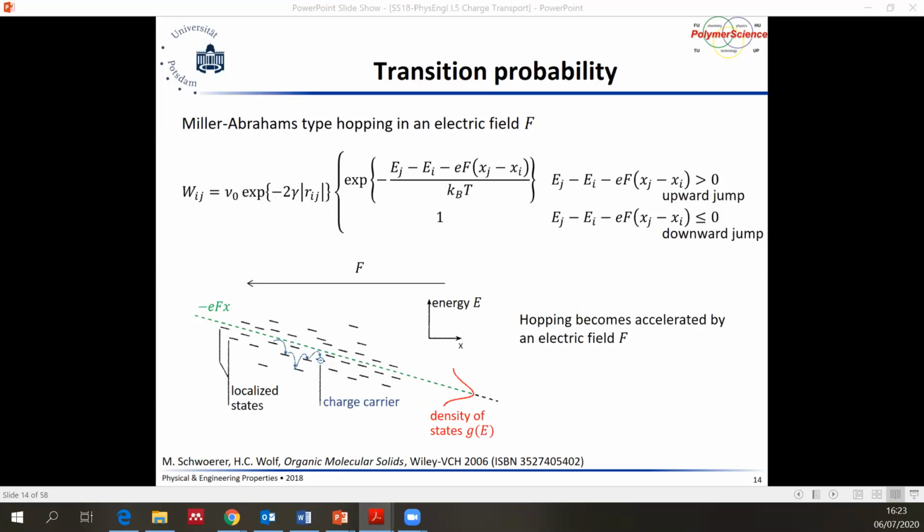So that's the energy needed to reorganize the molecular structure every time the charge carrier makes a movement. And this polaronic nature is not actually included, and the electron-phonon coupling is thus limited to the thermal activation of the charge transfer step during the process. So this is one of the limitations that the Miller-Abrahams model has.